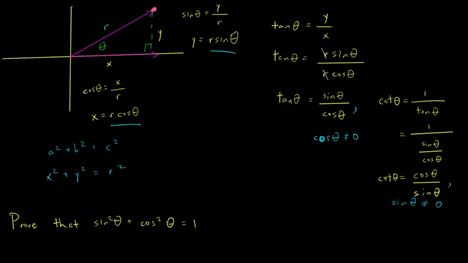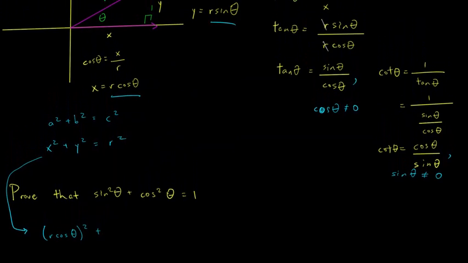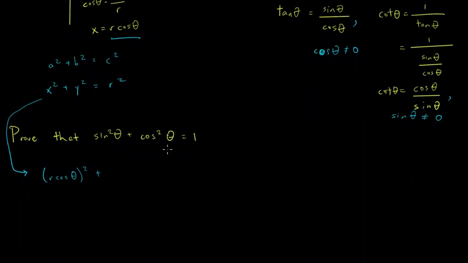So let's continue this down here. If x equals r cos theta, all squared, plus r sine theta, all squared, and that's equal to r squared.